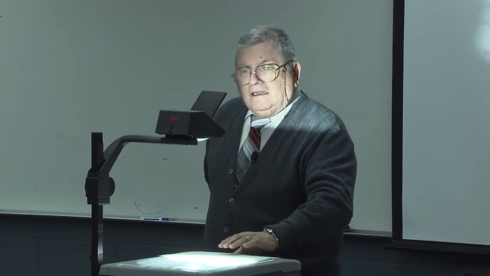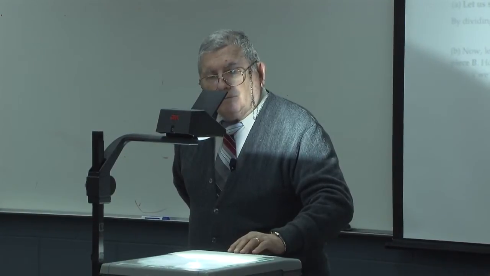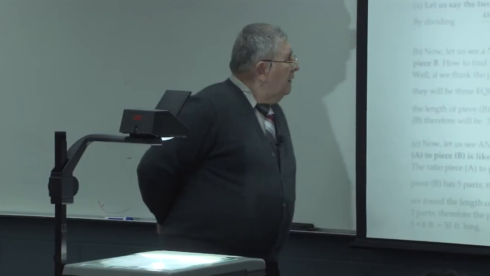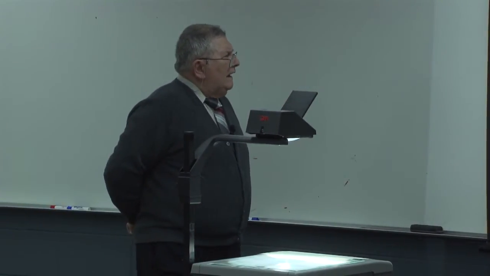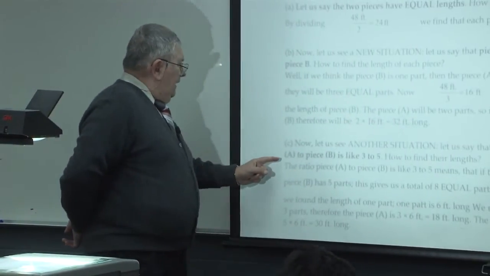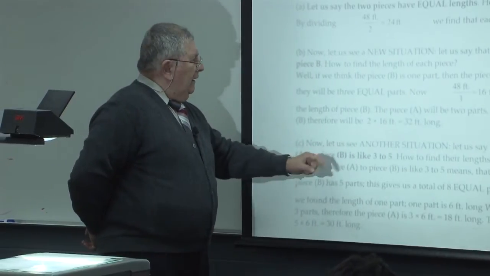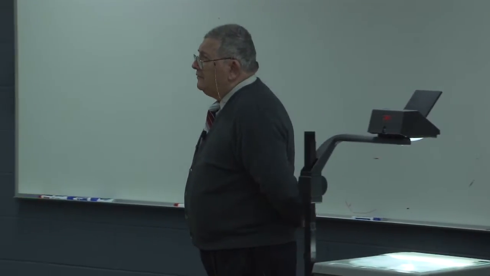Now, let us see another situation, new situation. Let us say that the ratio of the length of the piece A to piece B is like 3 to 5. How to find the length of each one?